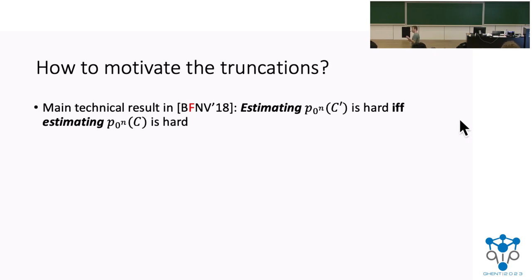Rather, it was to show the hardness of estimating the output probability of the circuit to some imprecision delta, and I said we really wanted to take delta like 1 over dimension of Hilbert space, which is like 2 to the n, okay? And so we're really interested not in the hardness of exactly computing these output probabilities, but in the hardness of estimating them.